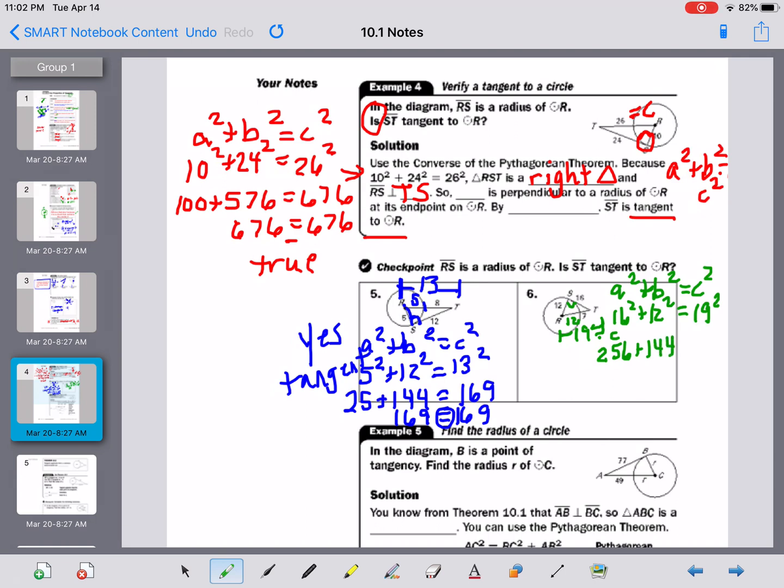And 19 squared is 361. When I add 256 and 144, I get 400. And 400 does not equal 361, so that means I do not have a right angle. And if I don't have a right angle, then ST is not tangent.